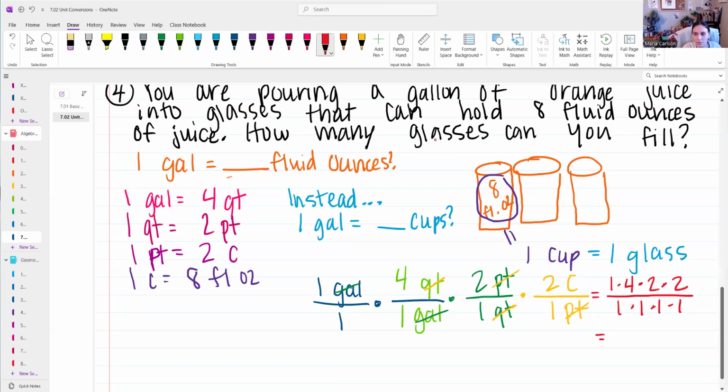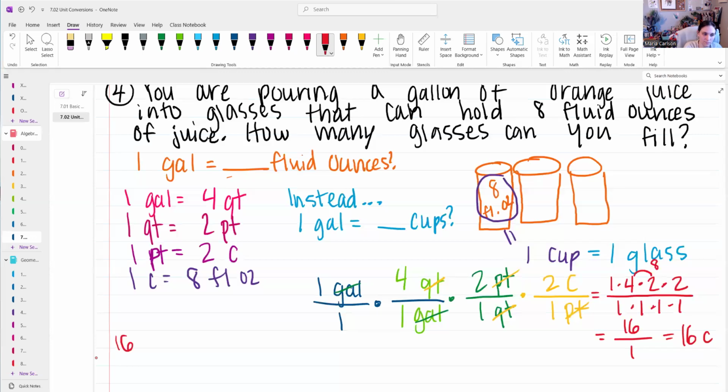Now, noticing the bottom is just over 1, we're just multiplying here. 1 times 4 is 4. 4 times 2 is 8. And 8 times 2 gives me 16. So this is really just 16 cups.